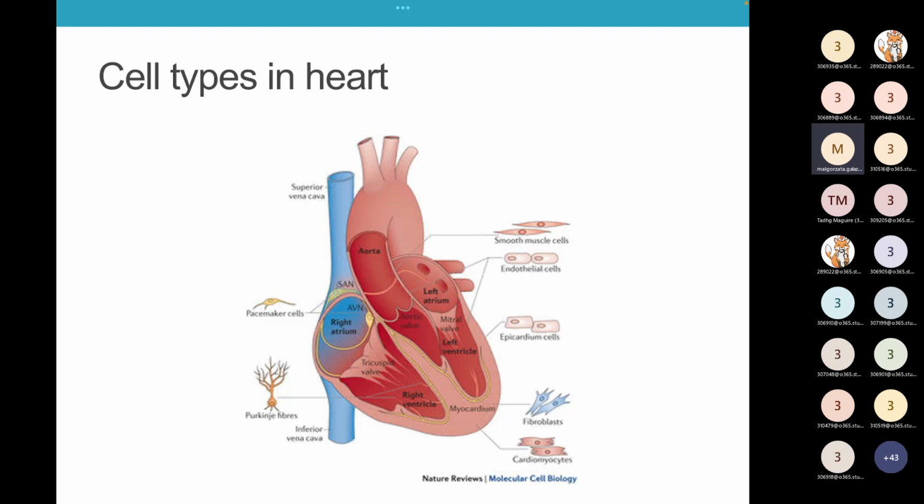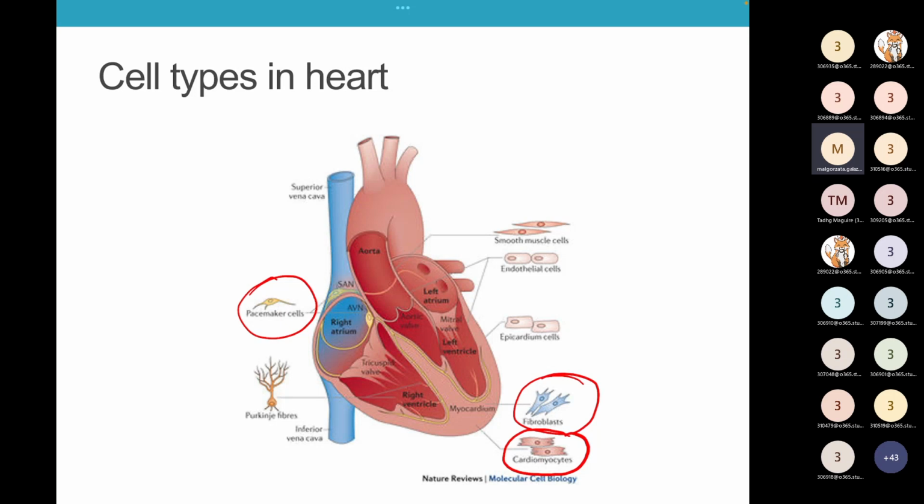The most important from cardiovascular system physiology point of view are cardiomyocytes, the pacemaker cells, and the fibroblasts. Those are the three most important cell types in the heart.